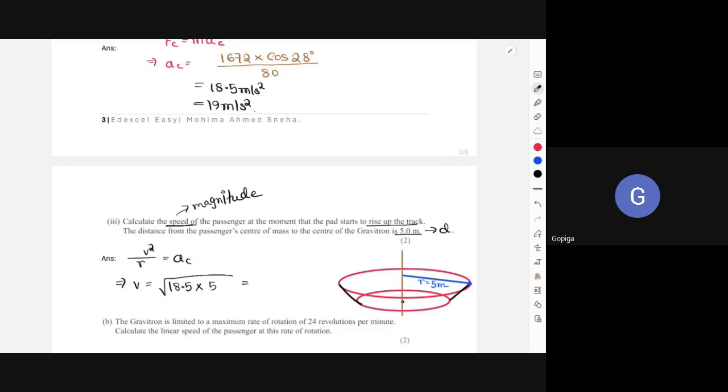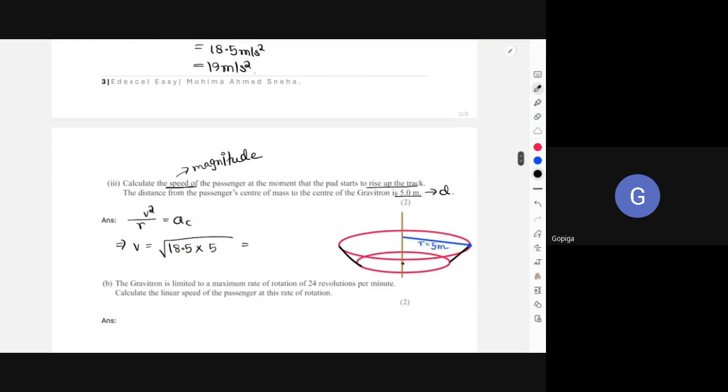And then the answer would be a little bit different. What is the answer? 9.62. 9.6. Yeah, I'll just write 9.6.